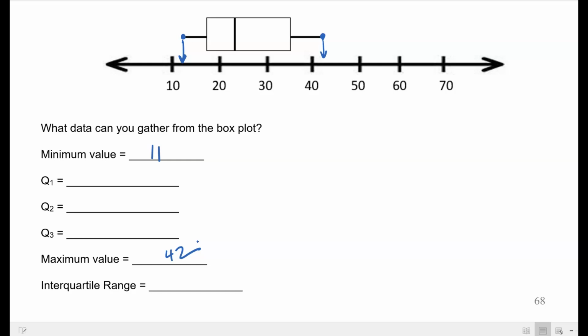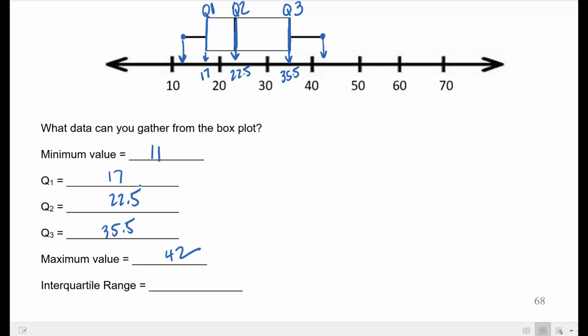We found that our quartile 1 was 17, and that corresponds to this part of the box. So this is our Q1, and we found our Q2, which is the median, is that middle line of the box, and so our median is 22.5, and we found our Q3 was 35.5, which is this line on the box.